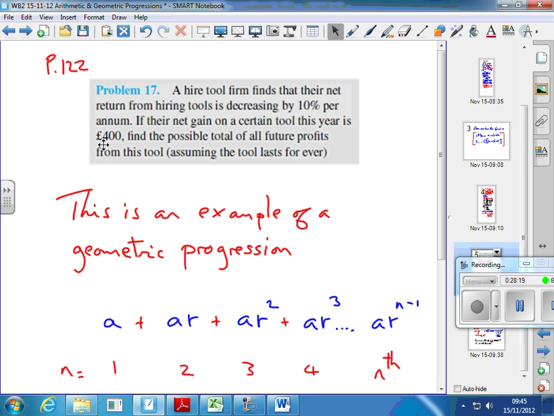So let's have a look at this. We can now start to work out what the progression is. Write down the first few steps for this progression.